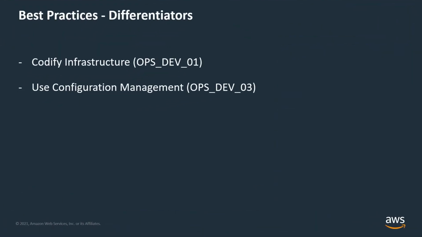You can use configuration management. When we talked about central logging, what it does is give you an overview of what's happening in your system right now, the runtime state of your system at the moment.